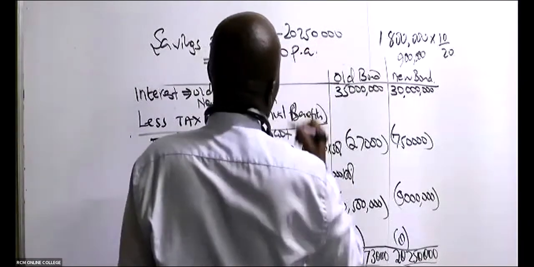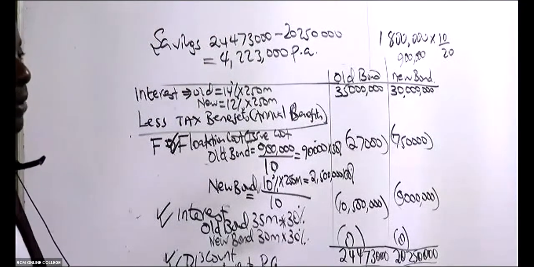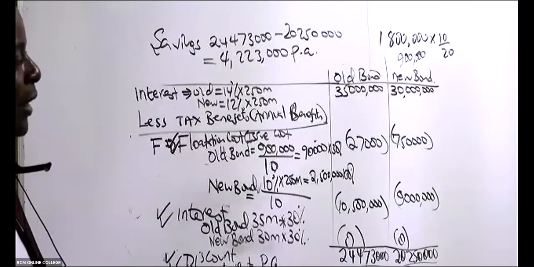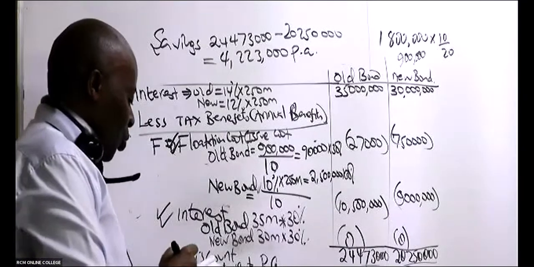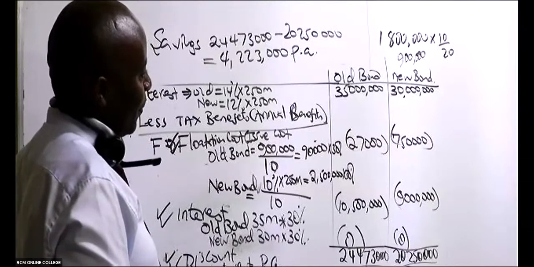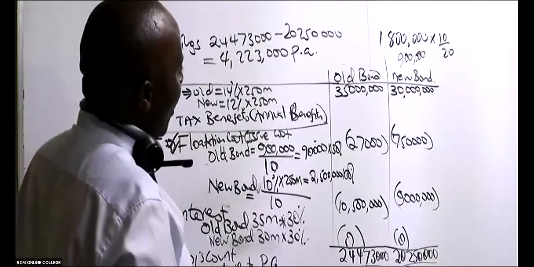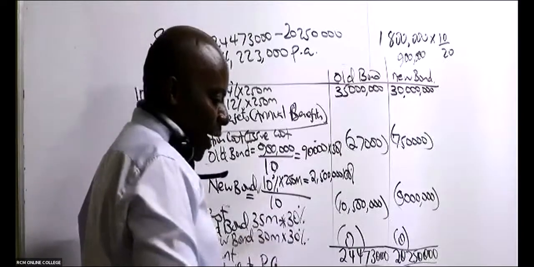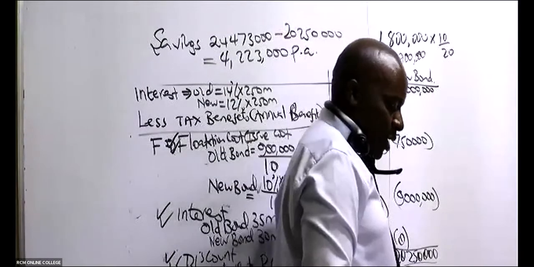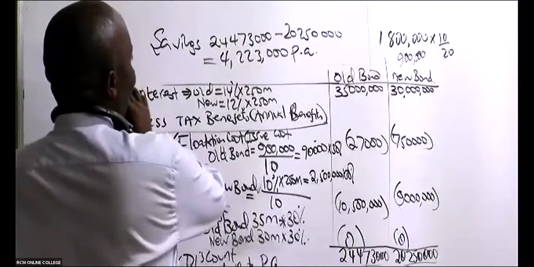And remember, this is per annum. That is what they were asking you to do in Roman 2. Now, Roman 3, they want you to get the net present value.